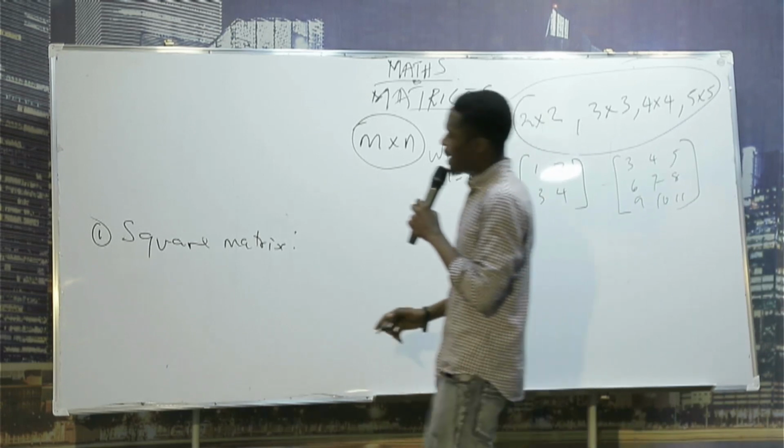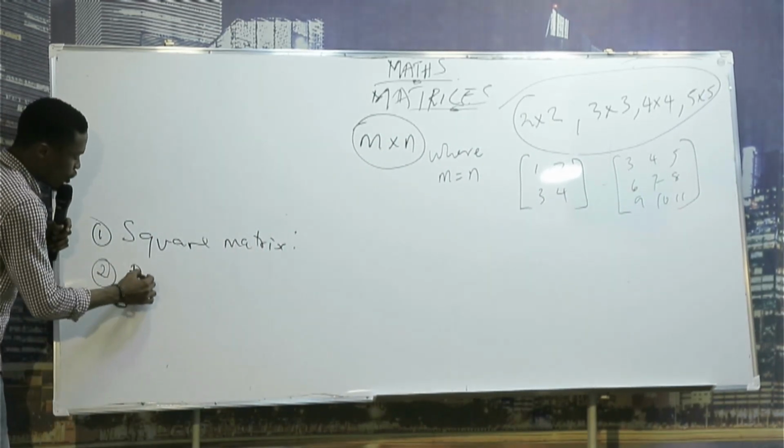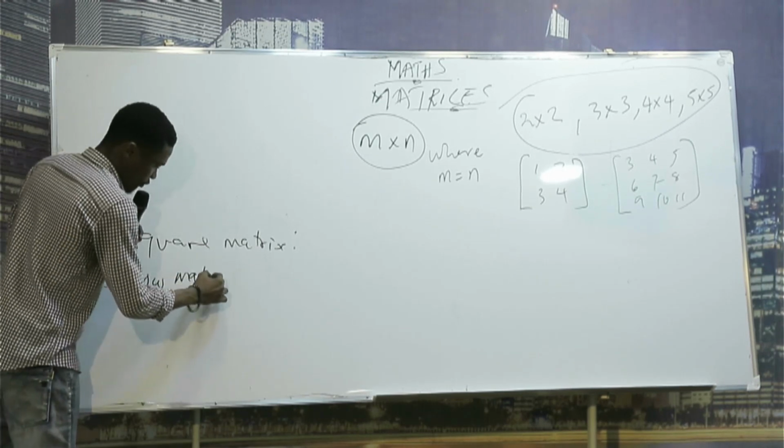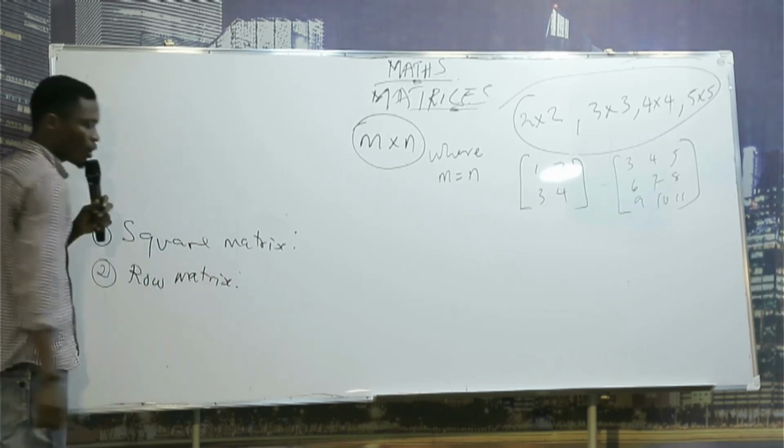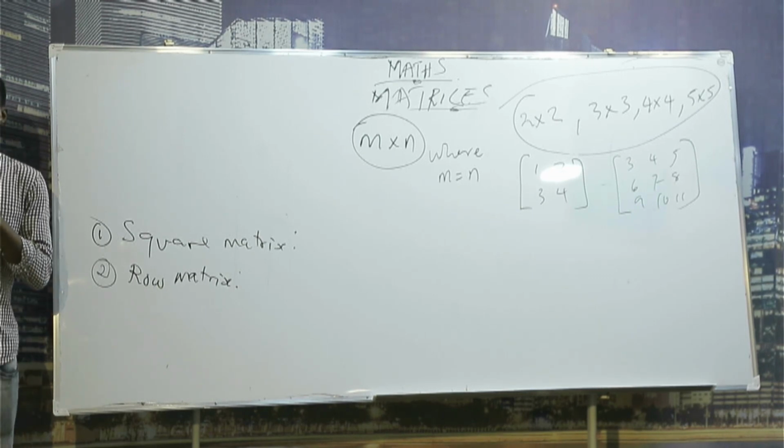Let's go on. Number 2, row matrix. Are we there?